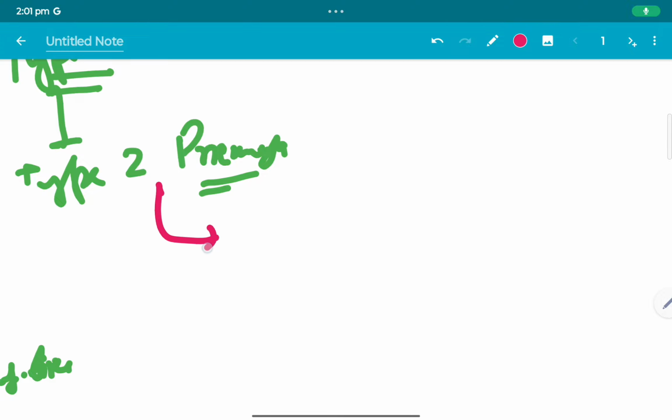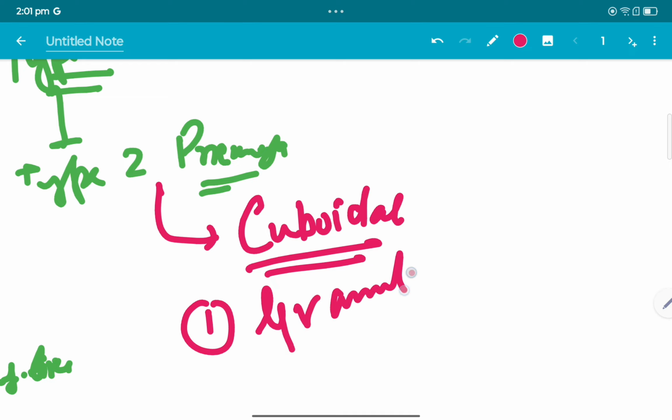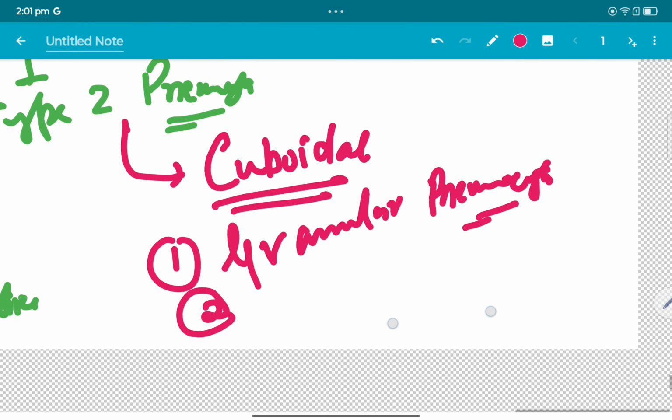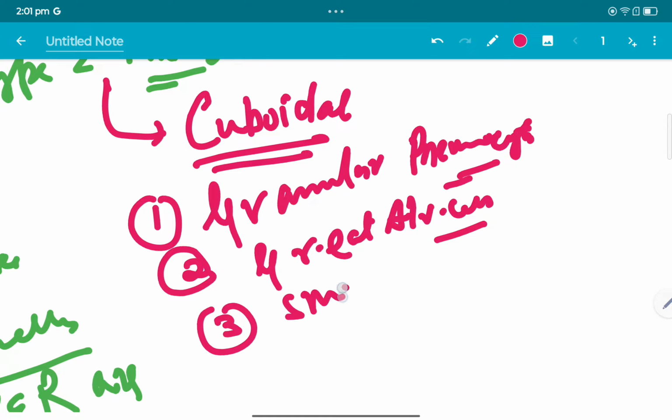Type 1 is squamous and type 2 are cuboidal. We also call them granular pneumocytes, and great alveolar cells. They are smaller than type 1.